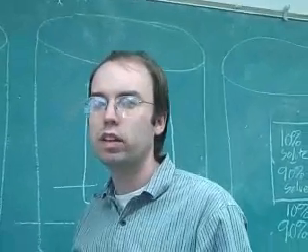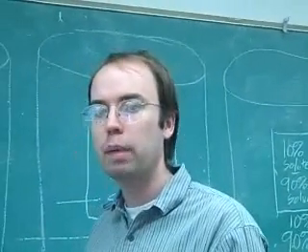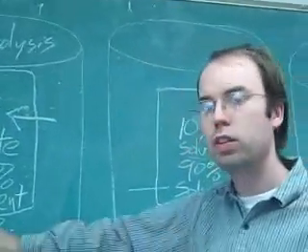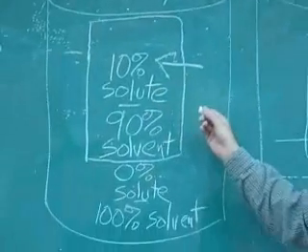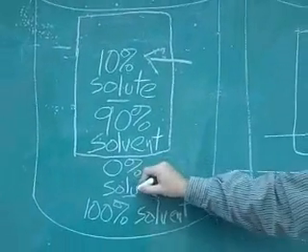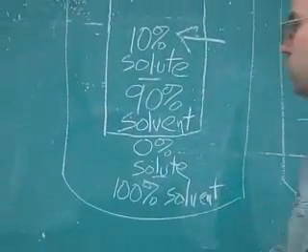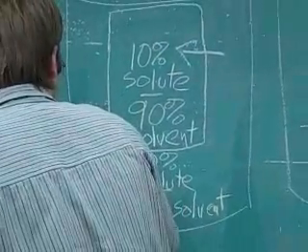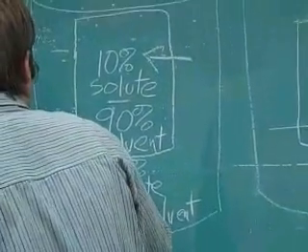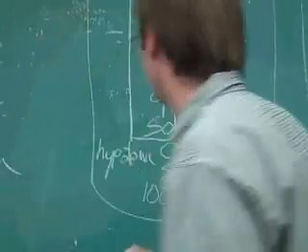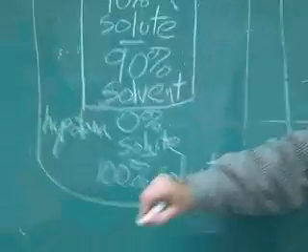The side of the membrane with more solvent is called the hypotonic side. So in this particular case, where's our hypotonic side? It would be outside in distilled water with 100% solvent. So outside is our hypotonic side. So distilled water is hypotonic.